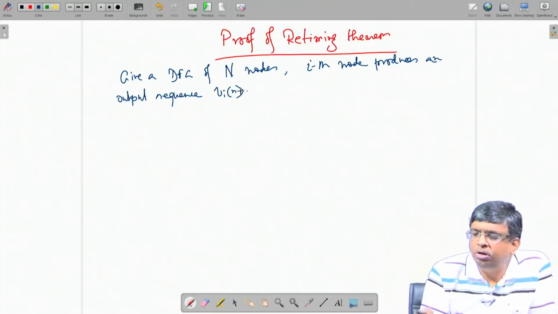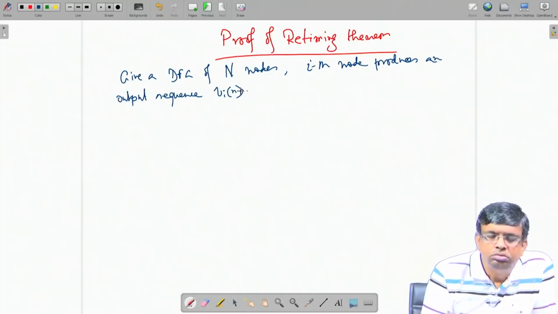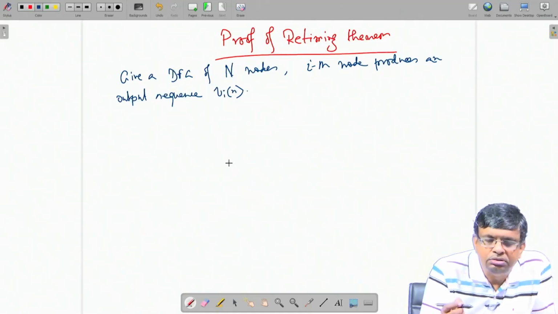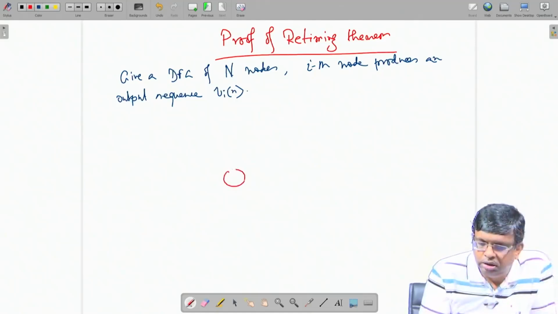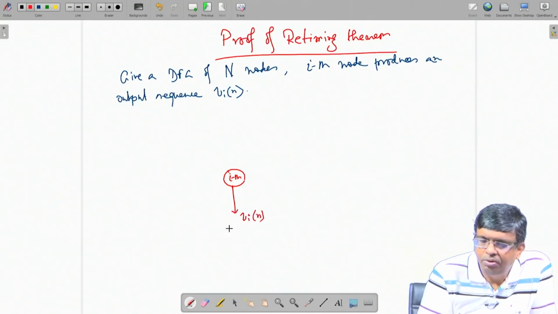So, if you focus on a particular node, say the ith node, it will be like this. I take the ith node as my center of focus. It produces an output VIN. Okay. Other nodes are here.